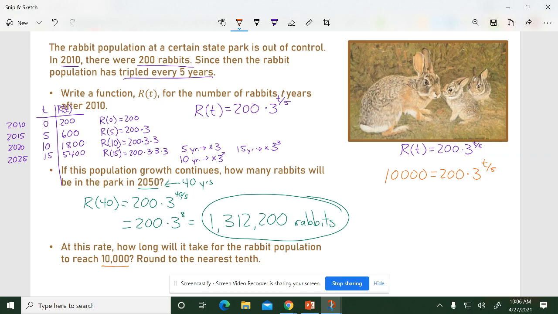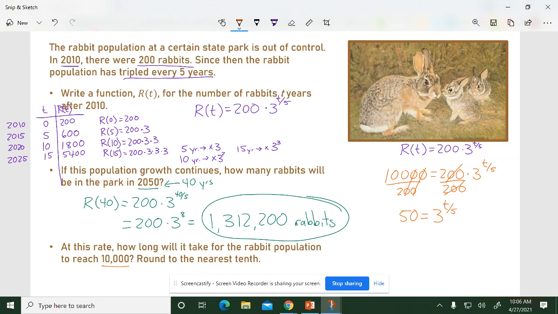And the first thing we need to do is divide by the 200. I'm going to take care of that initial amount first. Divide that out, and we're going to end up with 50. And then 50 equals 3 to the t over 5 power.